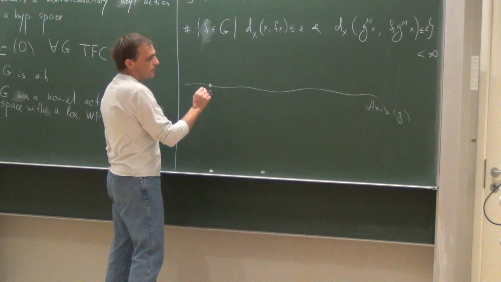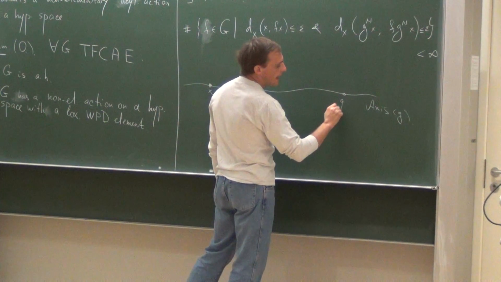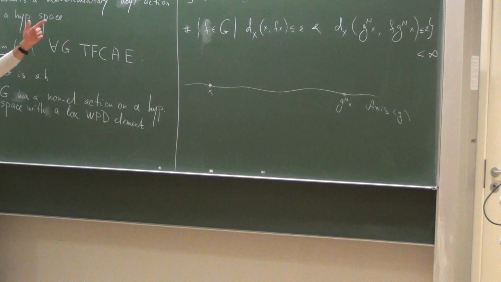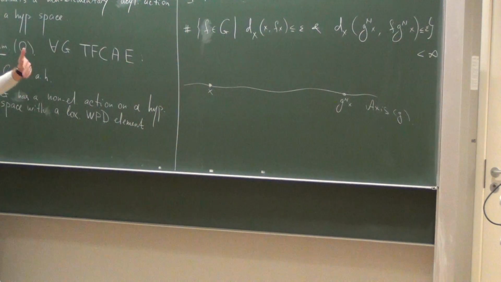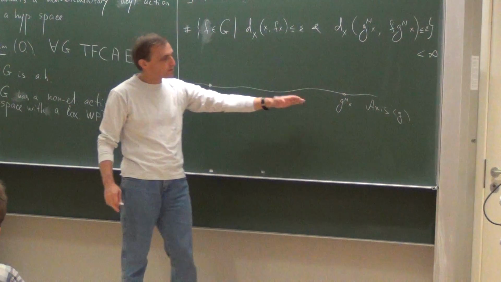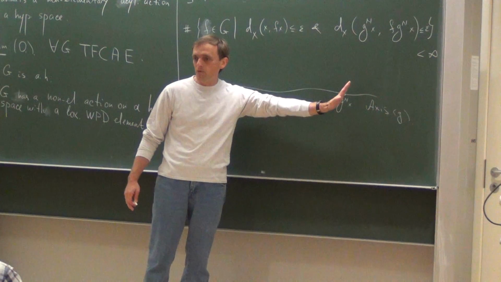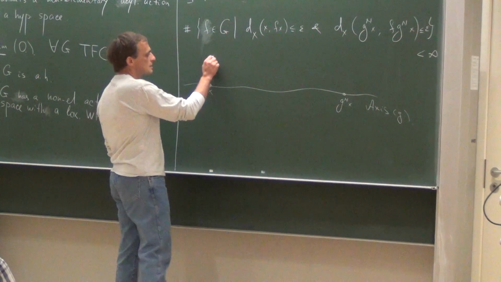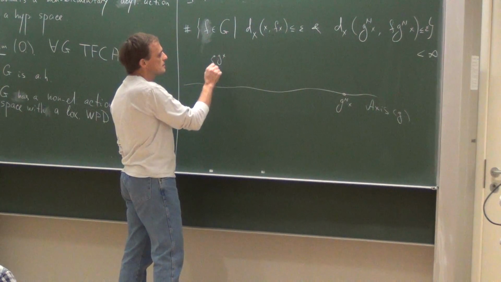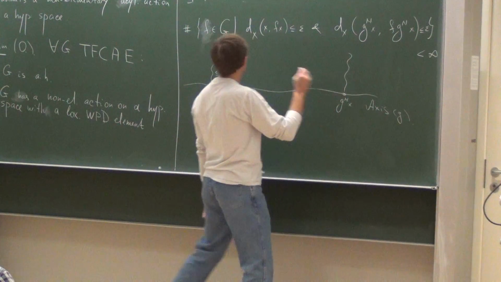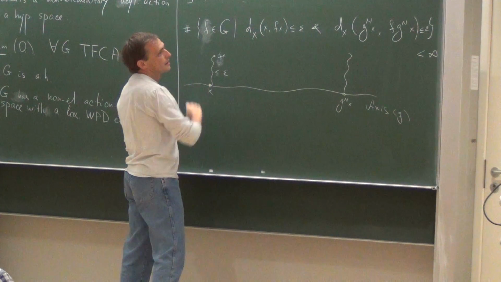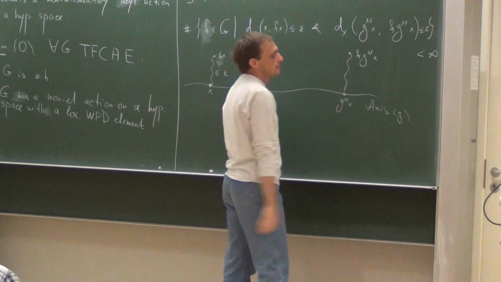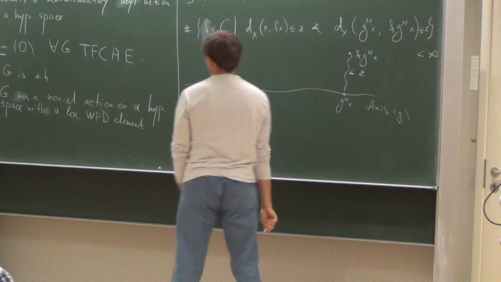I don't need to assume g is loxodromic here, but when we apply this, we will apply this condition to loxodromic elements, so g to the n x will be far away from x. And then you have this standard picture. So this is fx, at most epsilon, and this is f g to the n x. So this is at most epsilon, and there are only finitely many such elements.